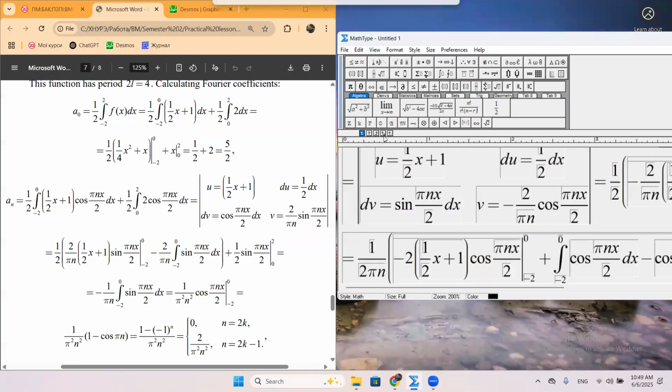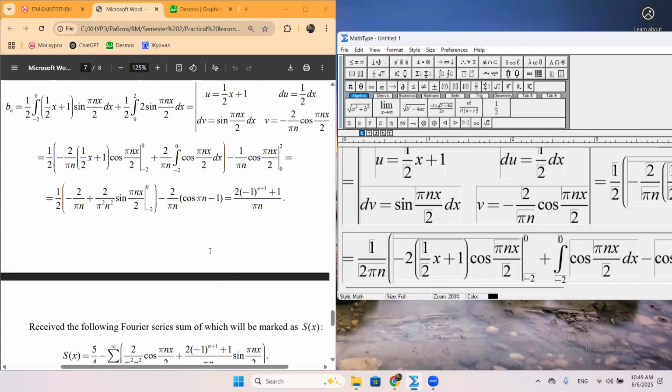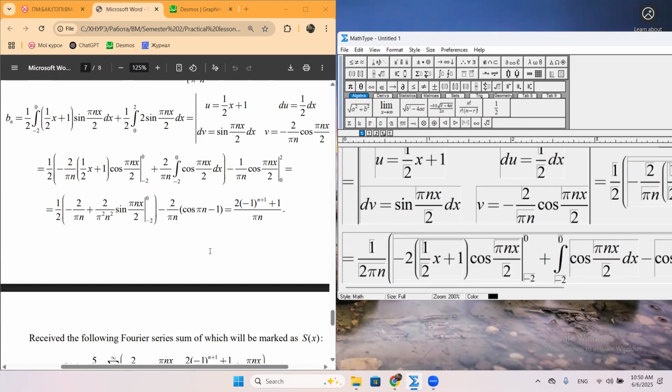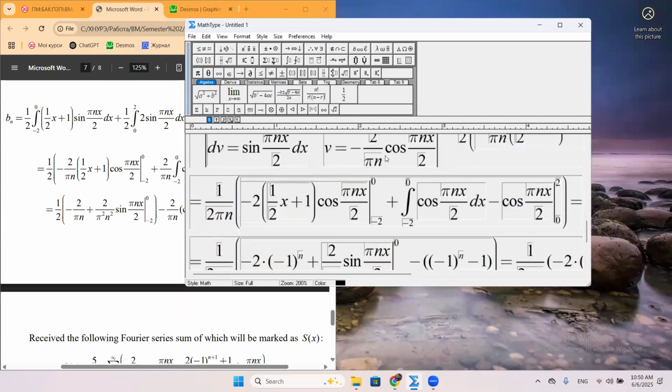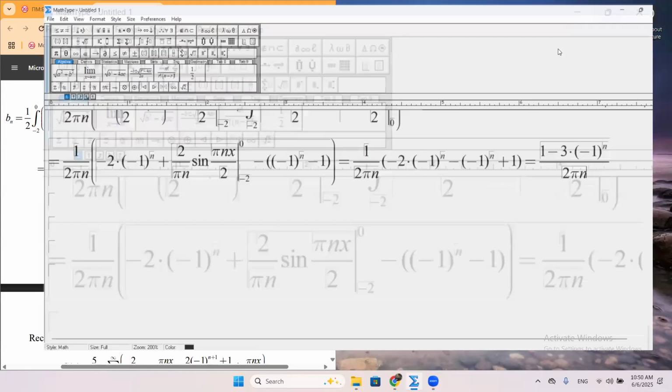Let me check with my notes. 2 instead of 3. Weird a little bit.